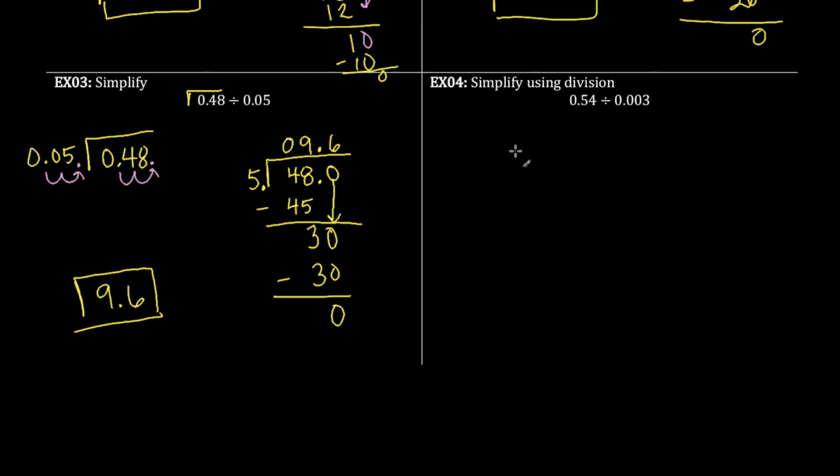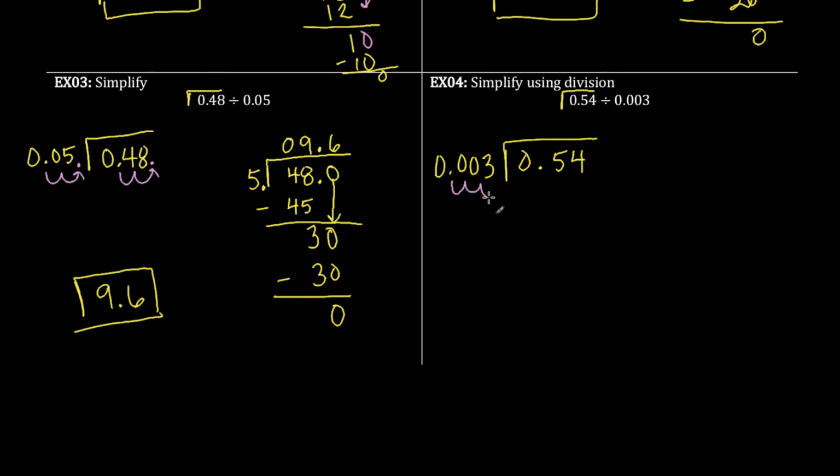And our last one. So dividend in the house. We will divide by our divisor, which is 0.003, which is 3 thousandths. Once again, this isn't very nice, so we need to move it over, but moving it once doesn't make a whole number.